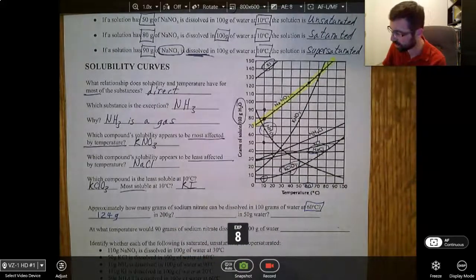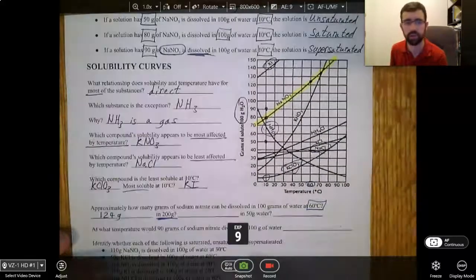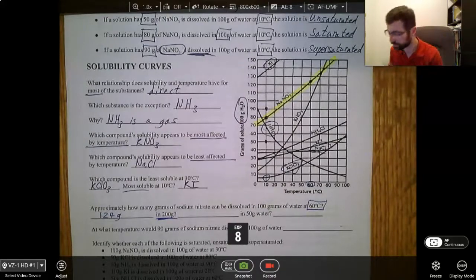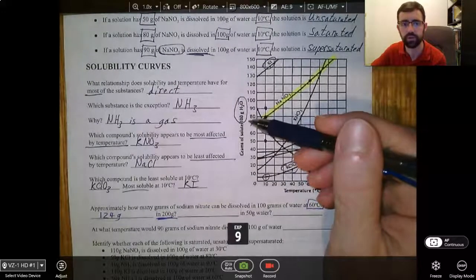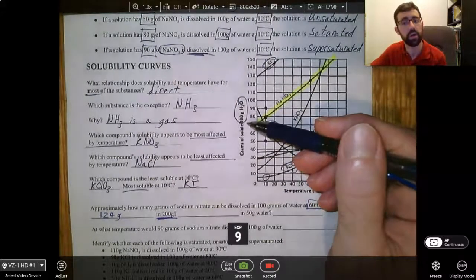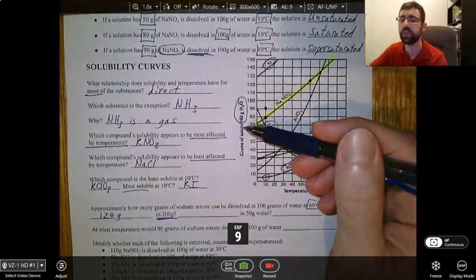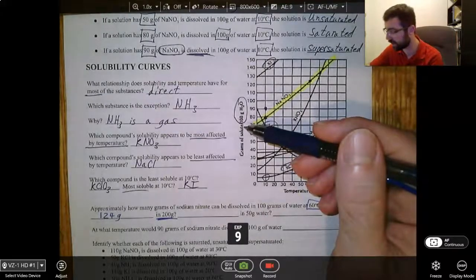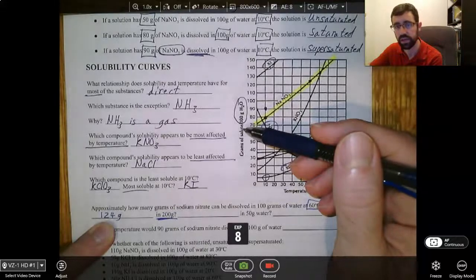Then it asks me this: what if it was in 200 grams of water? In 200 grams of water, well, how would I know how to do that? This tells me how much would dissolve in 100 grams of water. Well, if I double the amount of solvent, I can double the amount of solute that would dissolve. So I know 124 grams would dissolve in 100 grams.